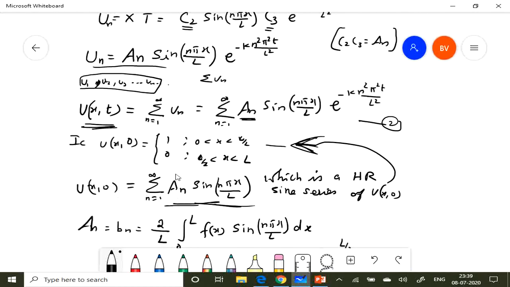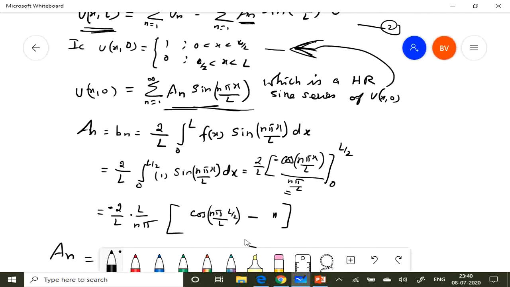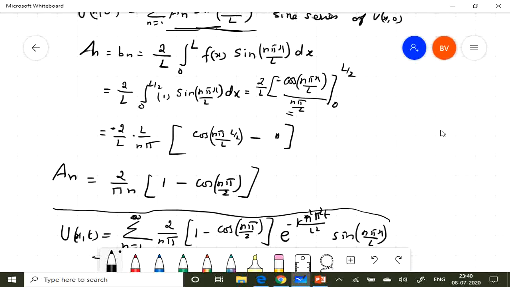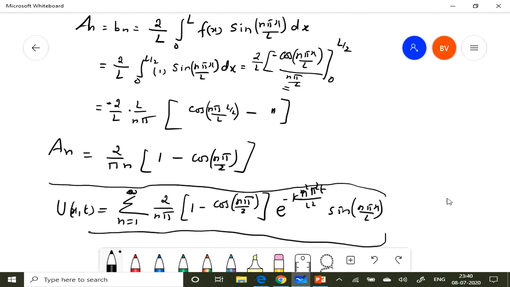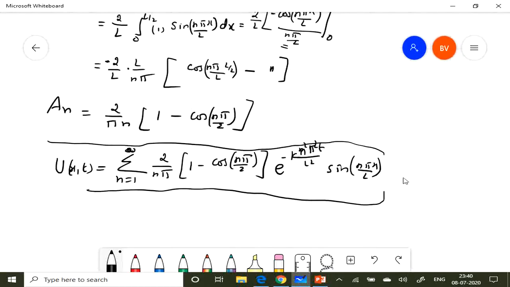Now we have to find this an by using Fourier series, the Fourier coefficient bn for the sine series. So we are finding the coefficient an and then using this equation number 2, that will conclude the problem, right? So we have used all the conditions, 2 boundary conditions and 1 initial condition, to write the final solution u of x comma t.